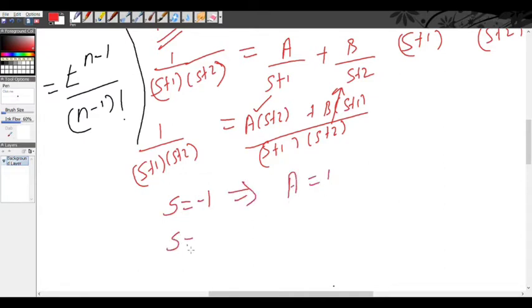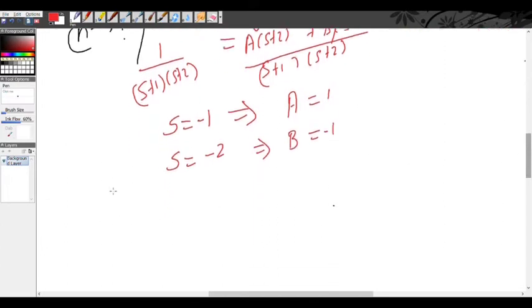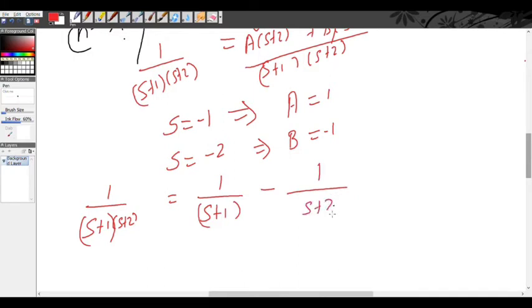The next step, put s equal to minus 2 here, so that gives the value of b equal to minus 1. So the original 1 by s plus 1 into s plus 2 can be written as 1 by s plus 1 minus 1 by s plus 2.